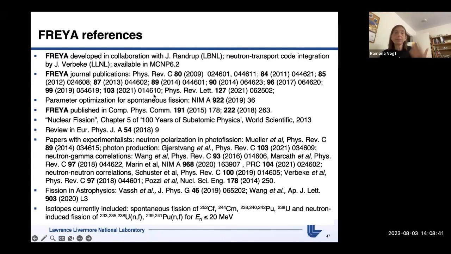So if you could look that up, I would definitely suggest it. I'm not trying to sell my book, but we had contributions from people working on both approaches.